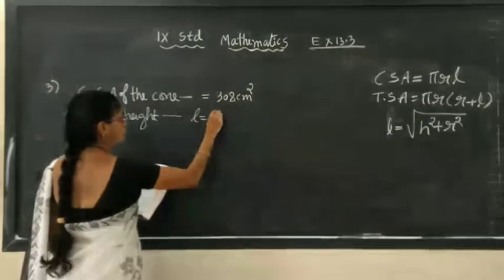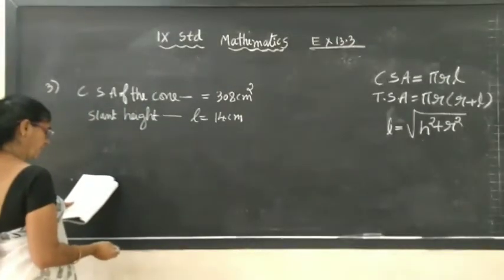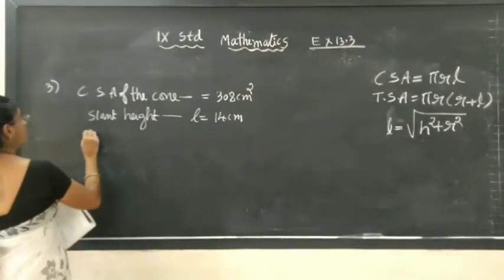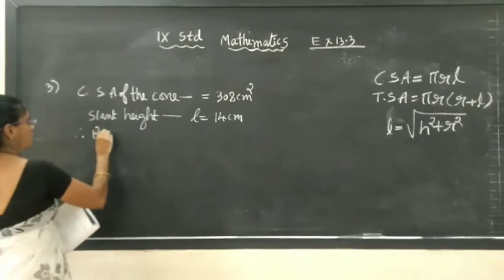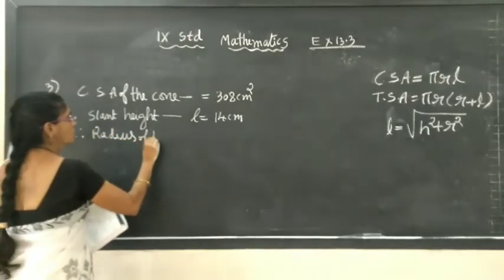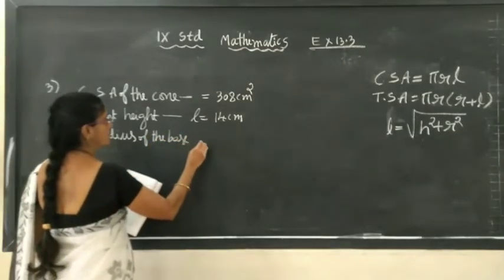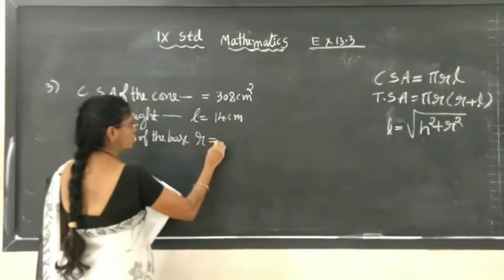L is equal to 14 centimeter. It is given, and the radius of the cone of the base, the symbol is r, is equal to.